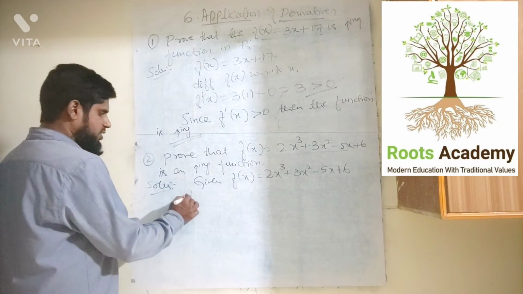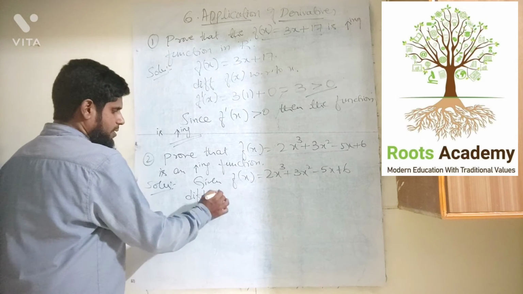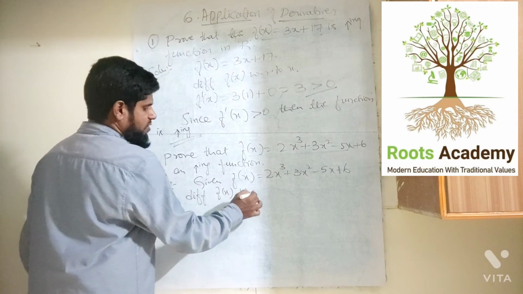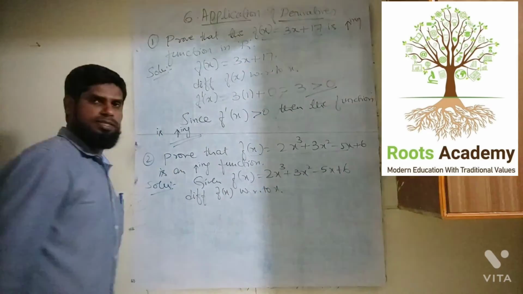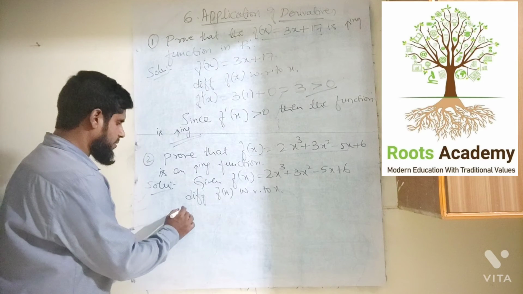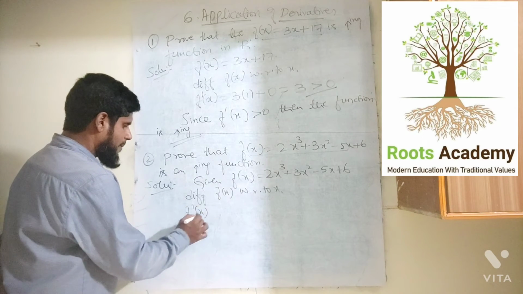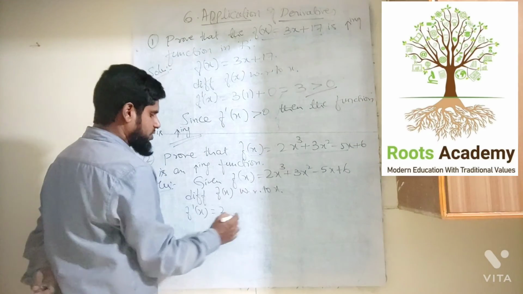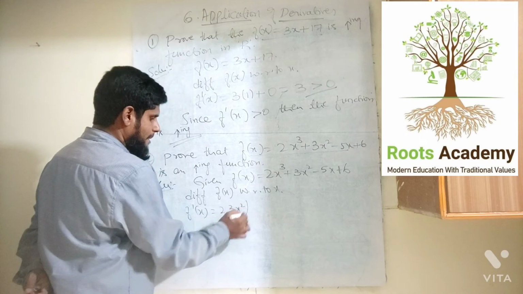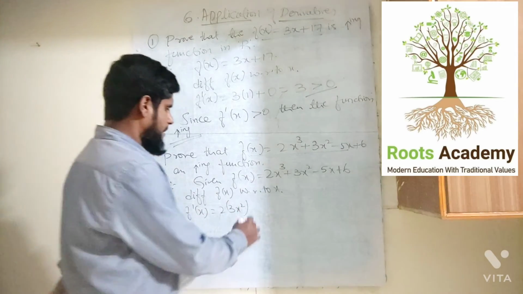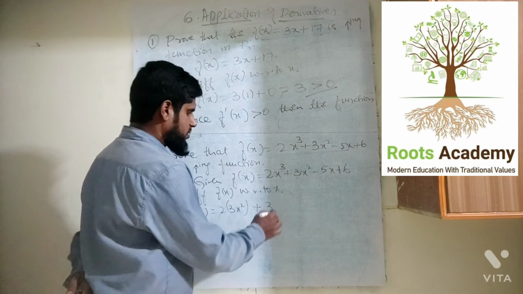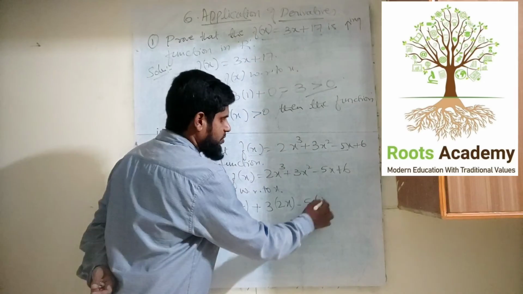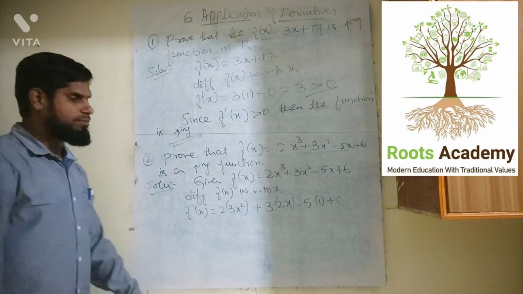So let me differentiate this. Differentiate f of x with respect to x. What do I get? F dash x is equal to 2 into derivative of x cube, which is 3x square, plus 3 into 2x minus 5 into 1 plus 0.